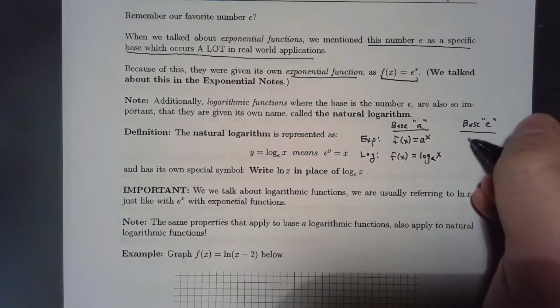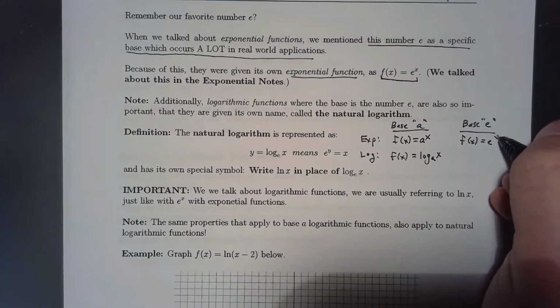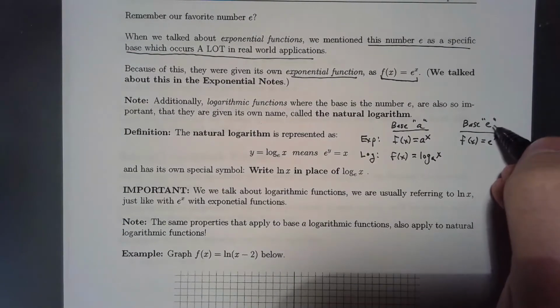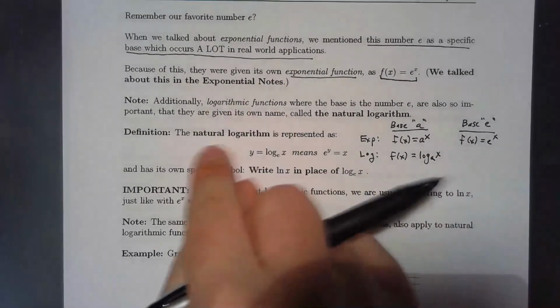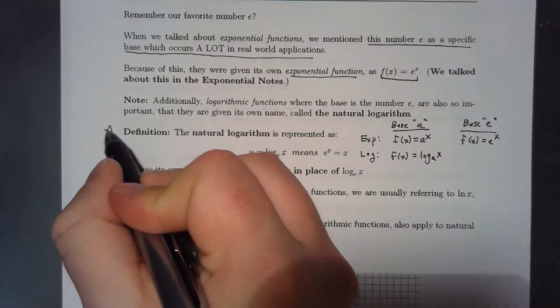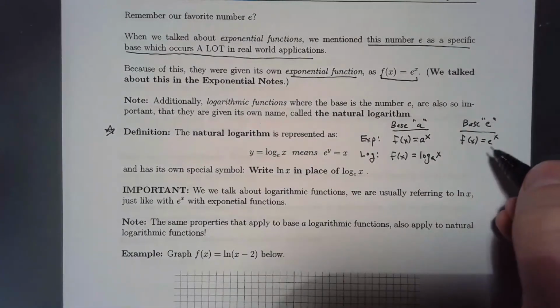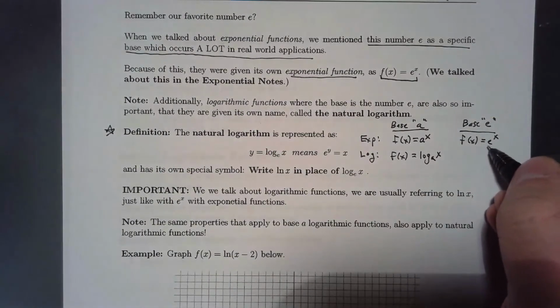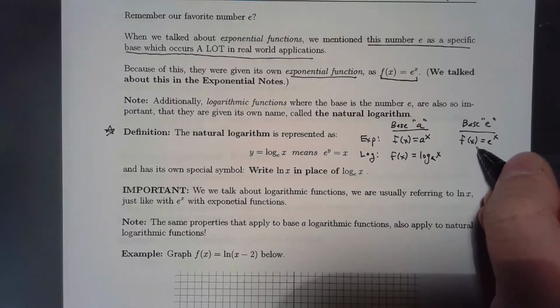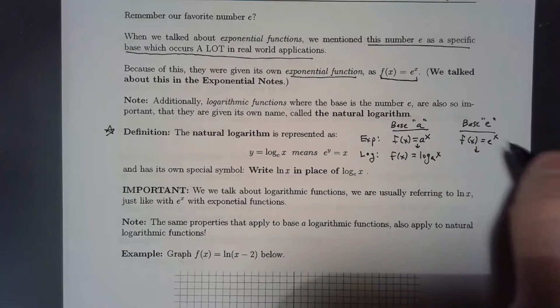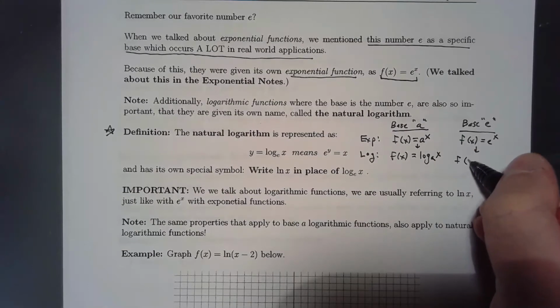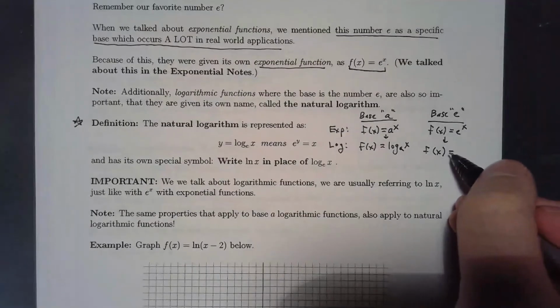If my base is e, we know that f of x is equal to e to the x power. That's a specific base that shows up a lot. Since this exists, it has its own unique logarithmic function. Base a has its own unique logarithmic function, and f of x has its own unique logarithmic function.